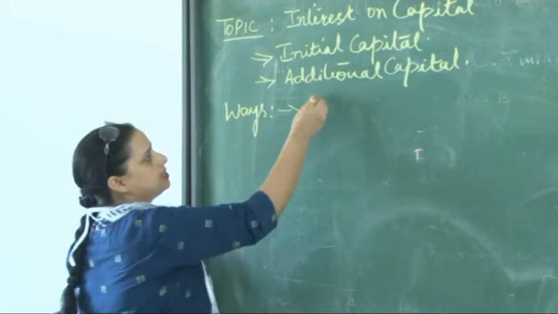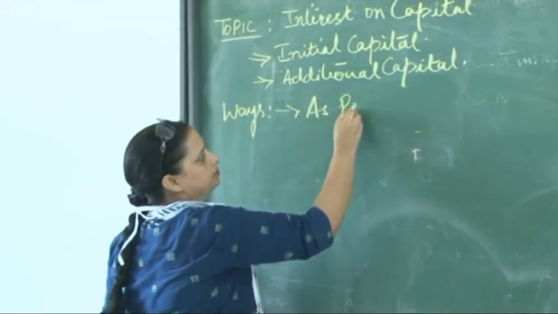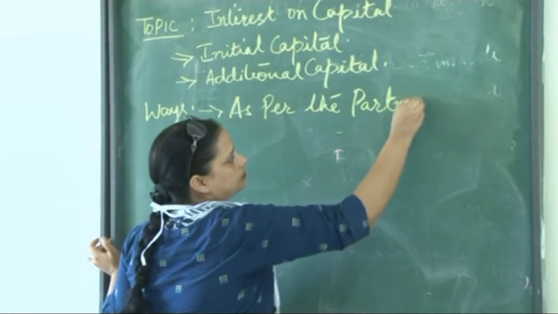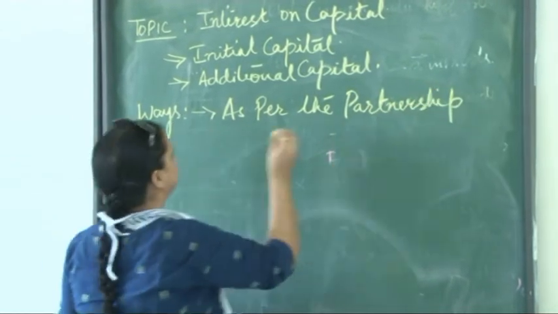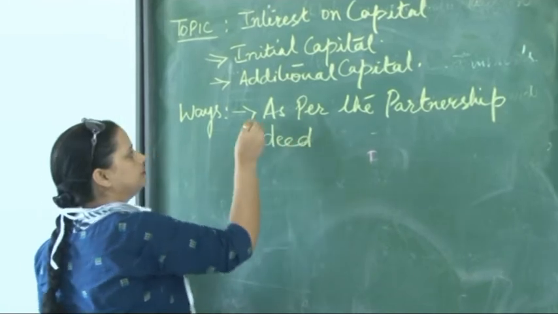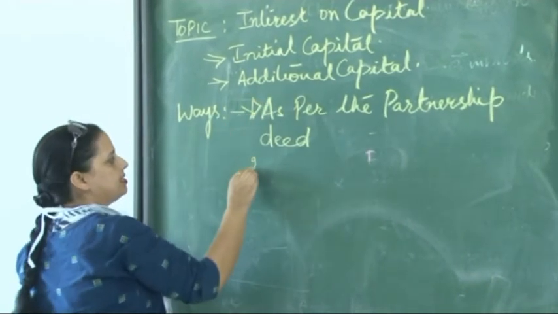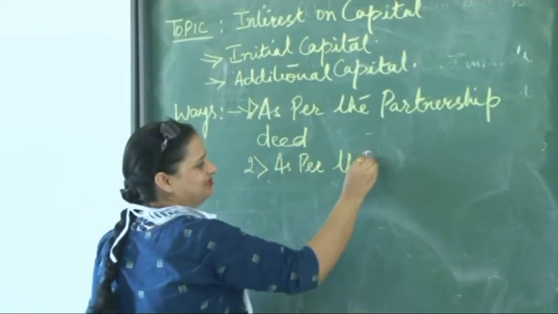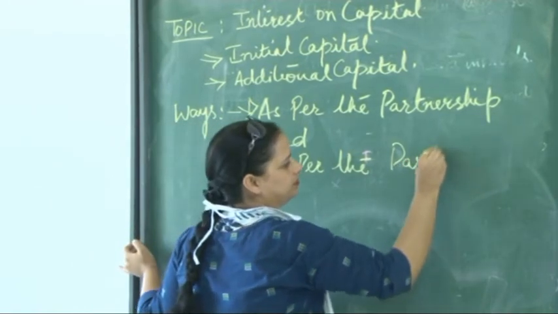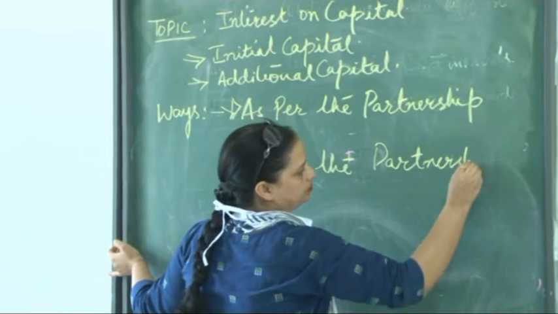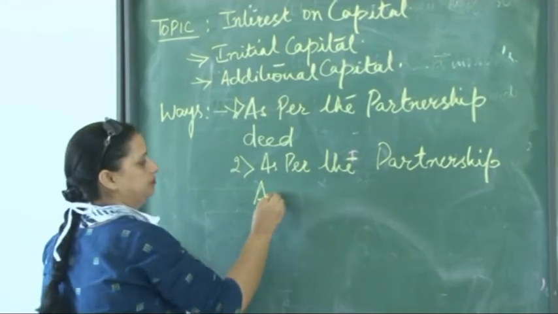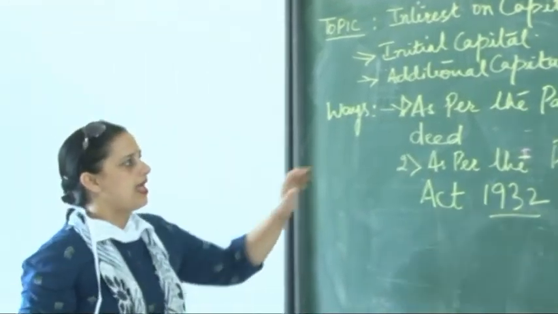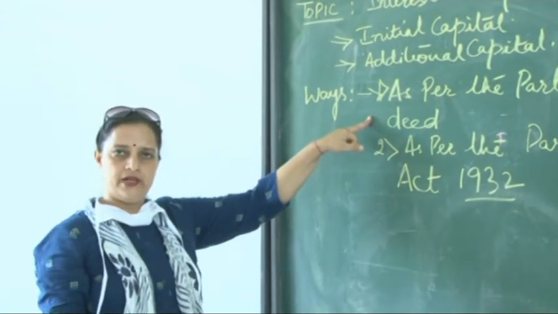Two ways: one is as per the partnership deed, and second is as per the Partnership Act 1932. As per the partnership deed, it is called an agreement between the partners.